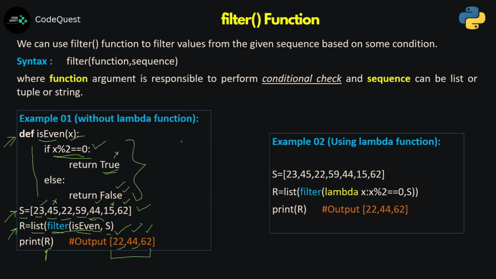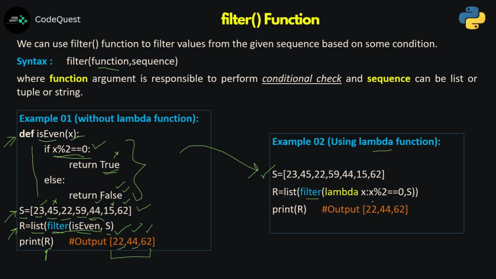Now let's see how the same program can be transformed using the lambda function. Once again, we have taken a list as a sequence. Here you can see I am using the filter function, but this time in the place of the function I am not writing any predefined function, like in the previous example where is_even was written.